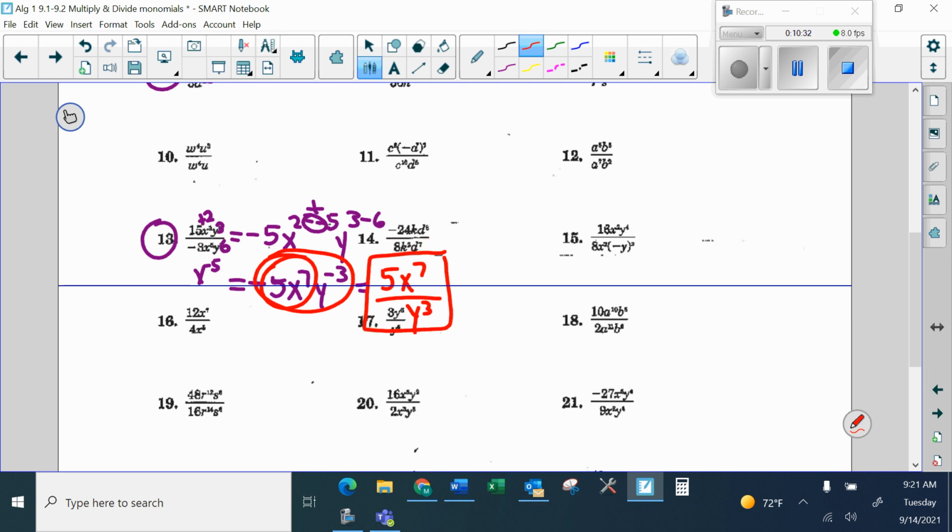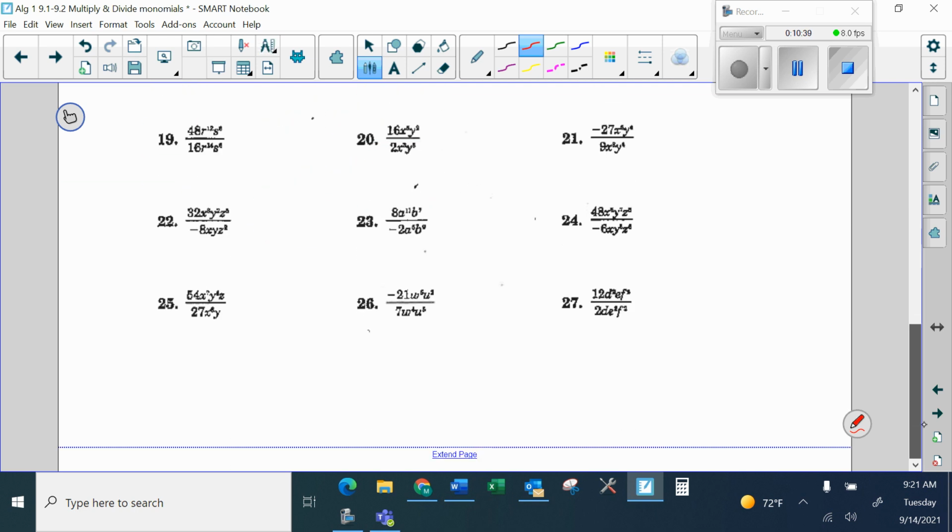Make sure you're finding the like variable, like base, before you subtract your exponents. Remember, if there's nothing on it, it's always a 1.